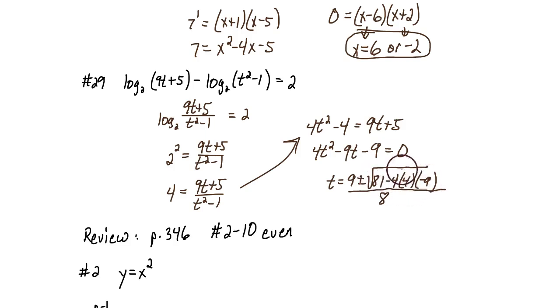When I type that expression inside the radical in the calculator, it makes 225. And the square root of 225 is a 15. This will generate two answers. 9 plus 15 divided by 8 makes t equals 3. And then 9 minus 15 divided by 8 makes negative 3/4.